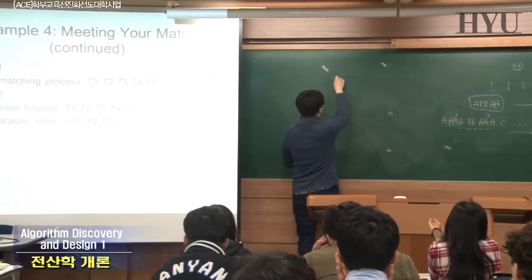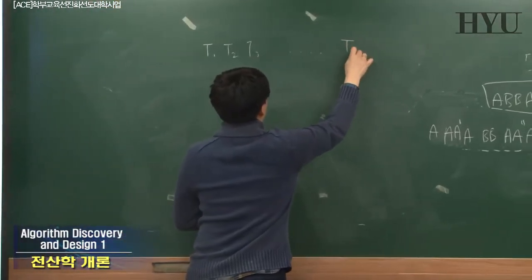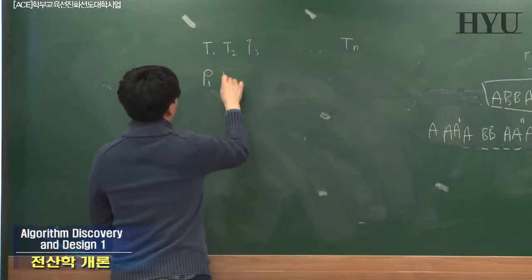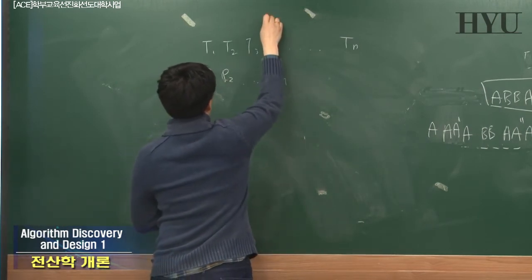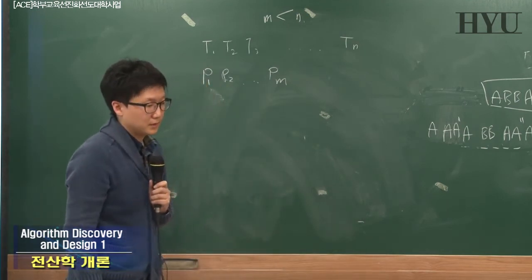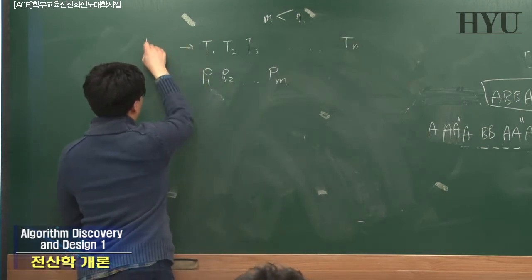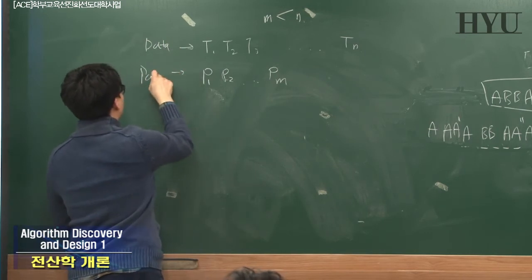Start thinking. T1, T2, T3. P1, P2, Pm, m is less than n. It makes sense, right? Data, pattern.